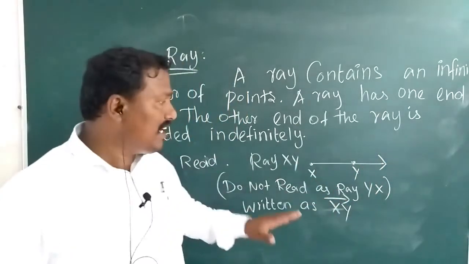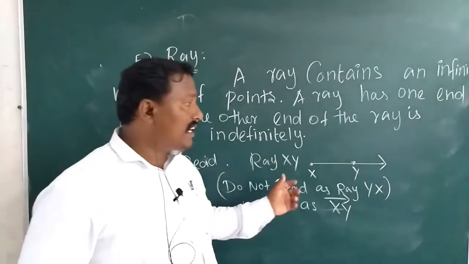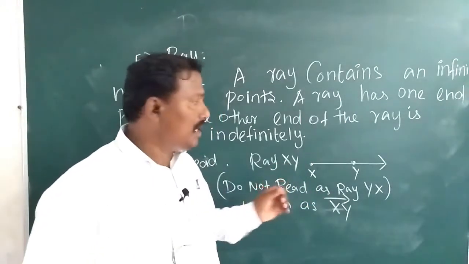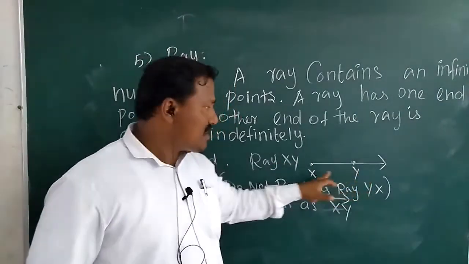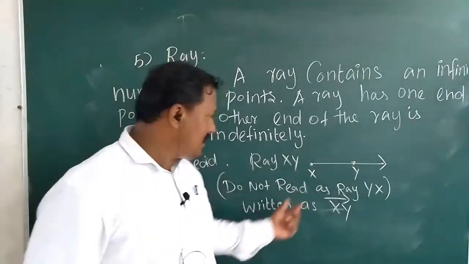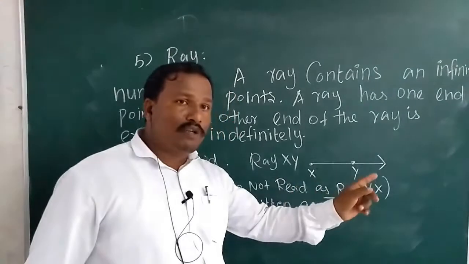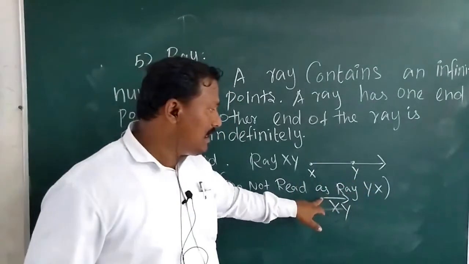So we can say ray xy, but we can't say ray yx, because y is not the starting point. We can write only xy, and upside we have to put the arrow symbol.